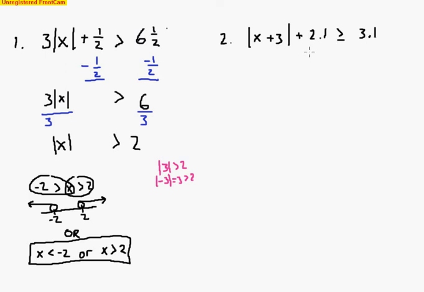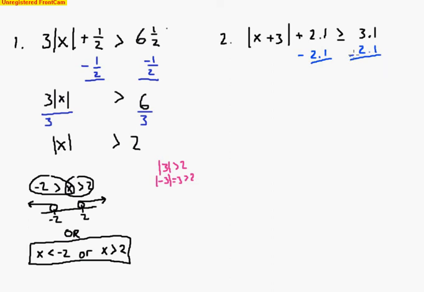So first thing to do is we need to isolate this absolute value, just like we did on the last part. Here we had to subtract 1/2. Well, over on this other problem, we've got this 2 and 1/10 we have to deal with. So we're going to do the opposite of 2 and 1/10. We are going to subtract 2 and 1/10 from both sides.